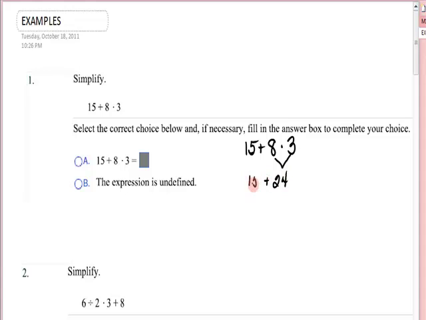And I'll copy down the rest of the problem. Now I have addition, which is always the lowest priority. I'll add those two for 39. To simplify this expression means to do the operations in the correct order, and the value is, I'll pick this one, 39. The expression would be undefined only if you end up dividing by 0, and I'm not sure if we'll get one of those or not.